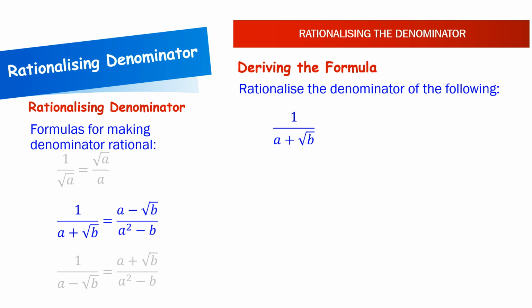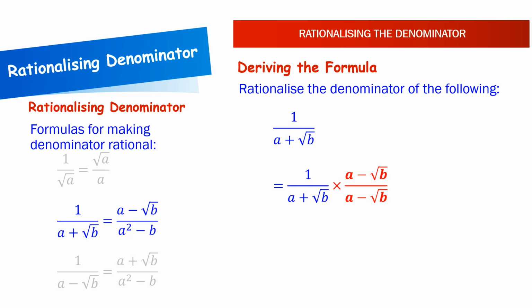We also have another formula. 1 divided by a plus root b can be expressed as a minus root b divided by a squared minus b. But how would we derive this formula? Let's have a look. If we have the expression 1 divided by a plus root b, we're going to rationalise its denominator.